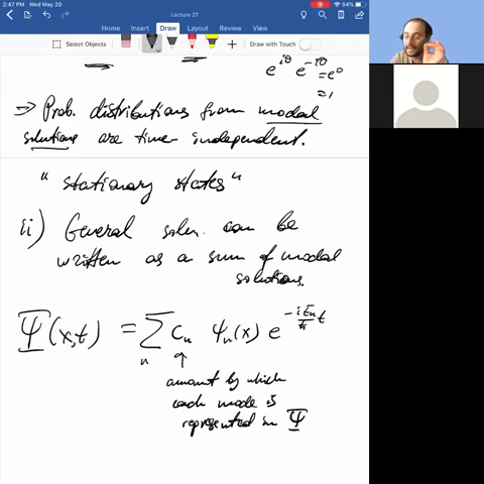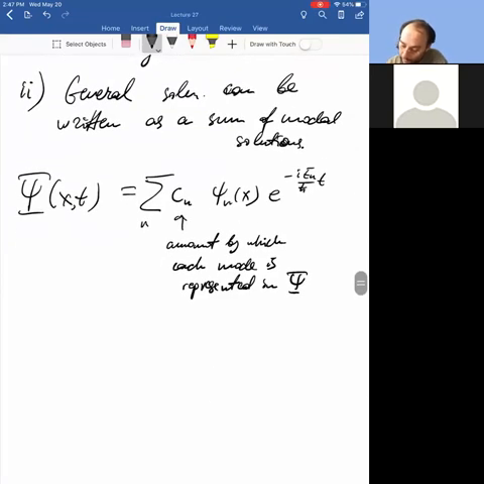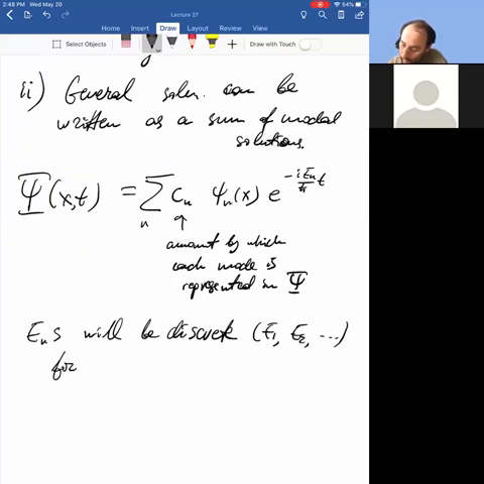We will see that E sub n's will also be discrete for bound states, and they're also determined by boundary conditions. But for scattering states, they will be continuous.